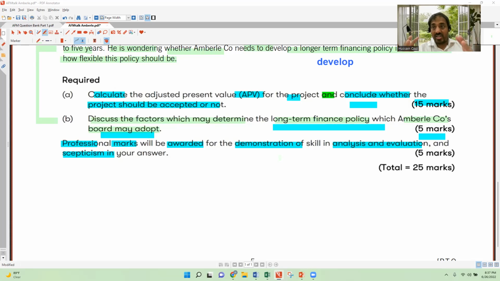I strongly suggest all of you, you have to focus on my points here. The professional marks are awarded for all the components of the question, not only the theory.